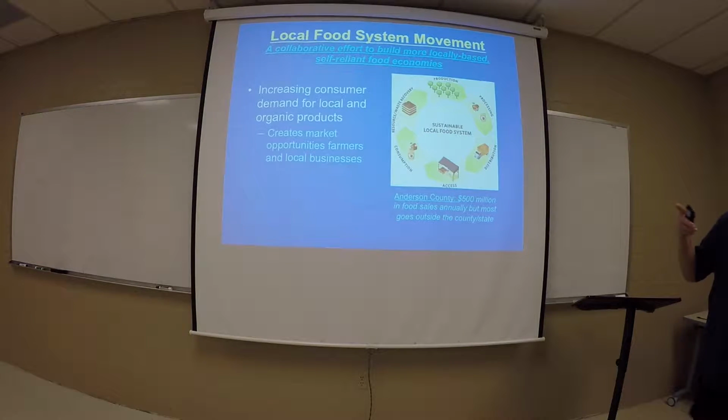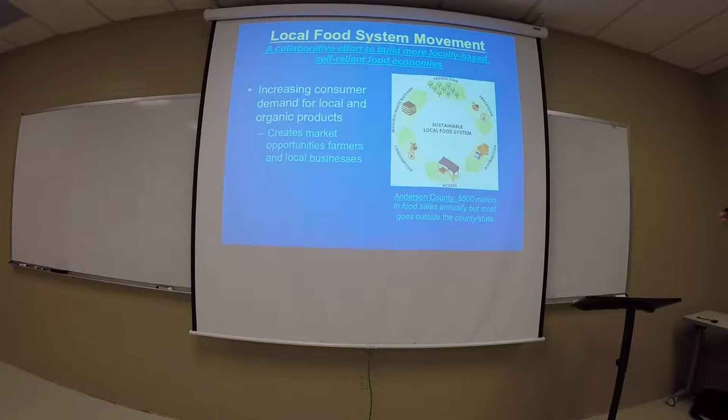And a lot of people feel that one way to do that is to create more local or regional food systems, where all the components of the food system are contained within an area or a region. So the farming component, production, processing, distribution, access or consumption, and even the waste disposal and waste recovery all occur in the same area or region.